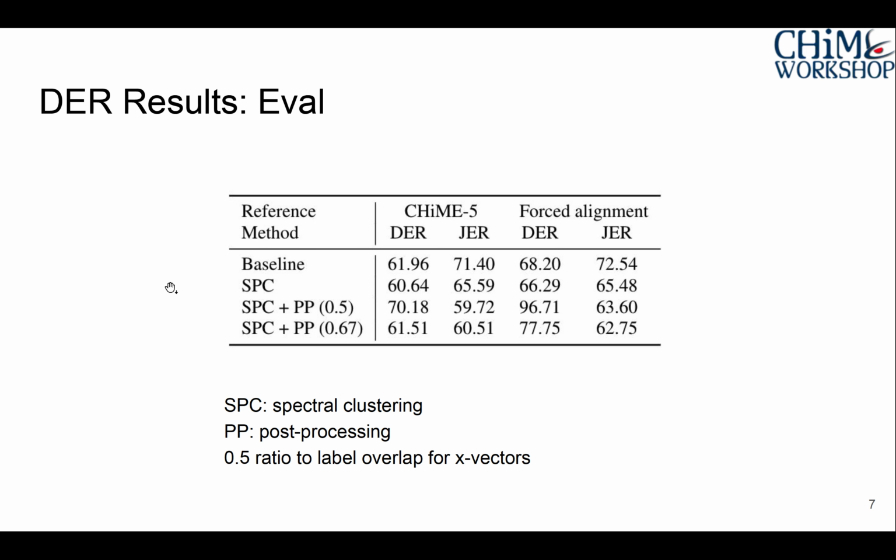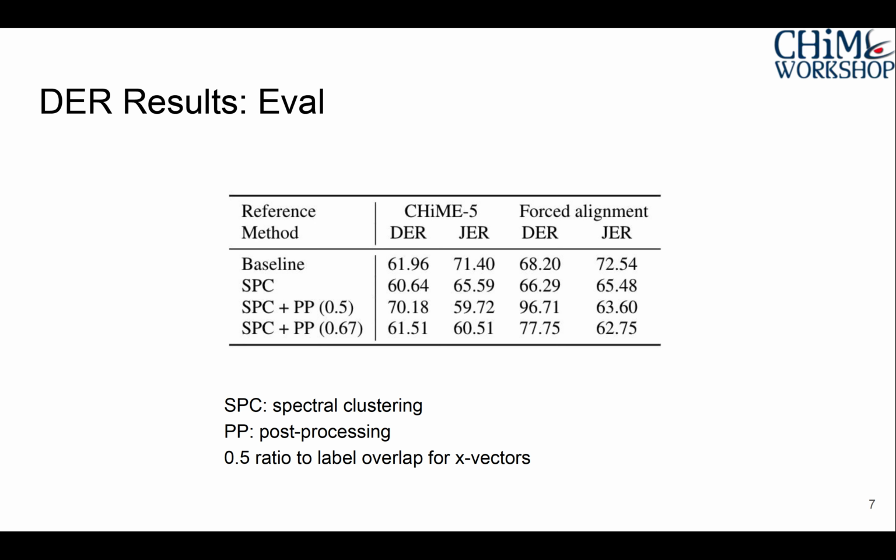And if we compare the three settings, the spectral clustering only got the lowest DER for both references. This means that considering overlap doesn't help improve the diarization performance.